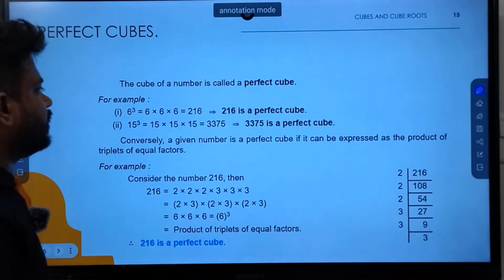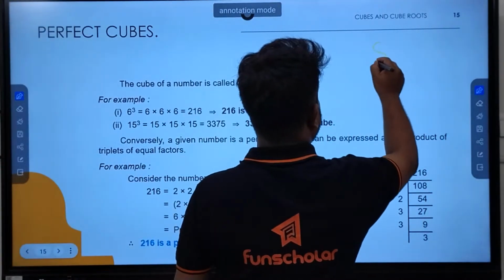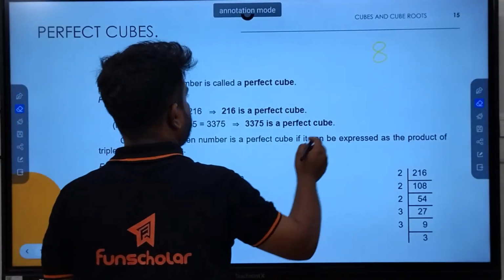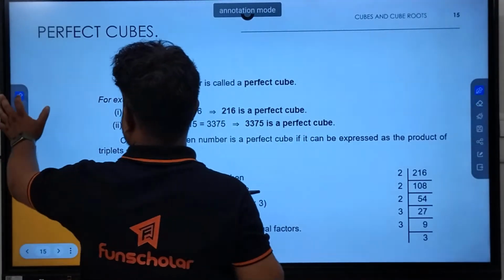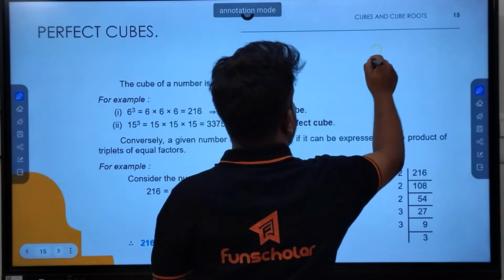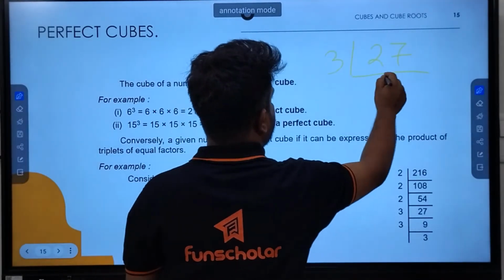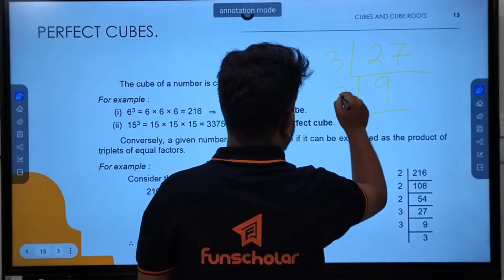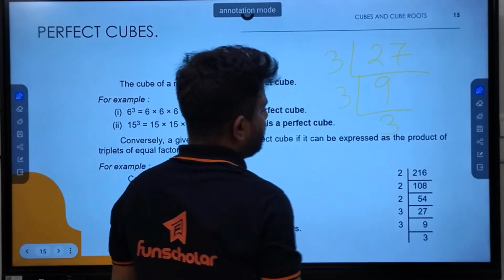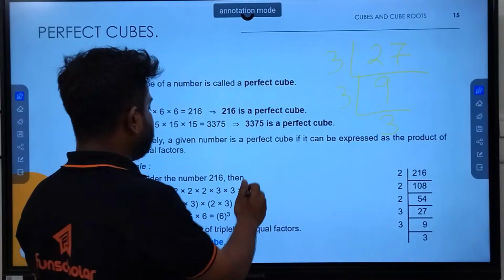Let's do it for another number. Let's go with a smaller number, 27. So 3 nines are 27 and 3 threes are 9, so we don't need another.